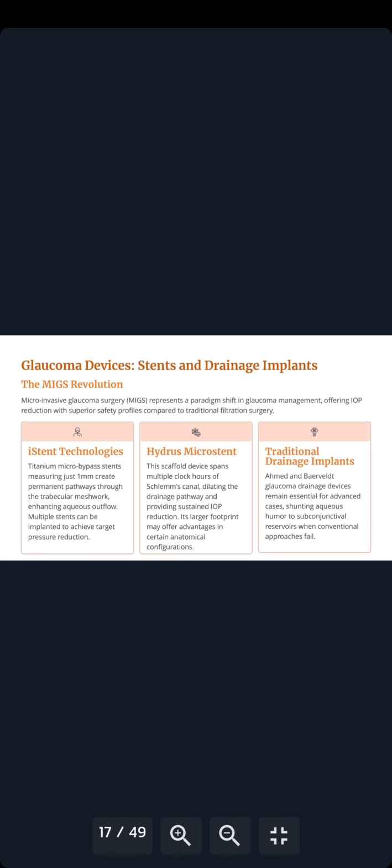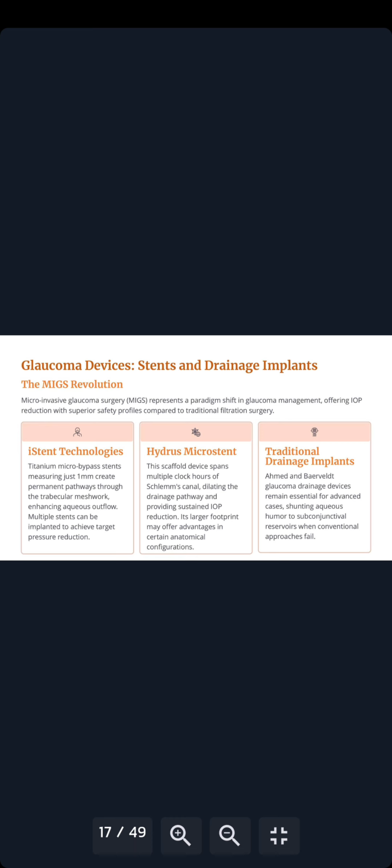We also have the Hydrus microstent. These scaffold devices can help us dilate multiple hours of Schlemm's canal, with this drainage pathway providing sustainable IOP reduction.